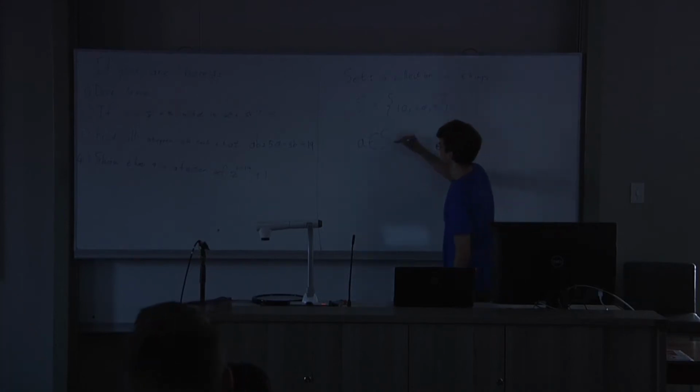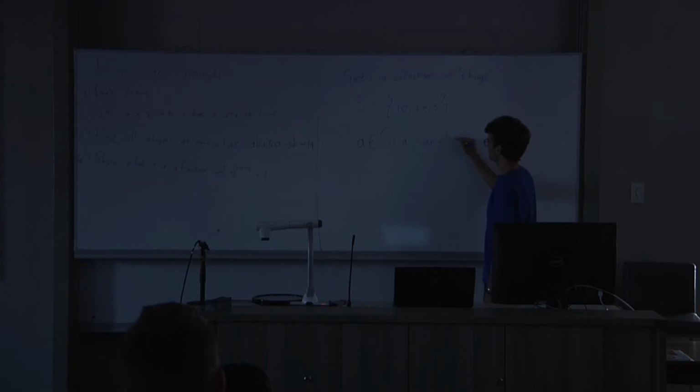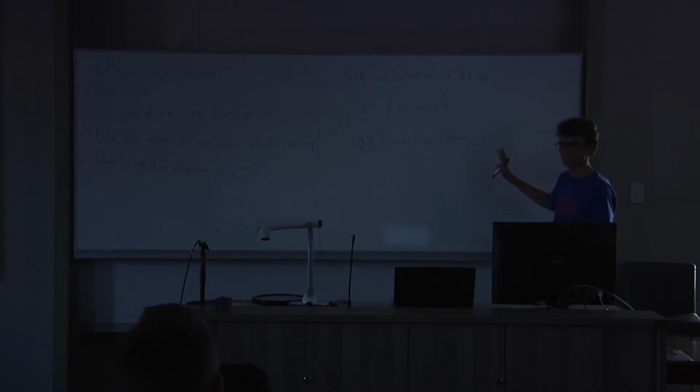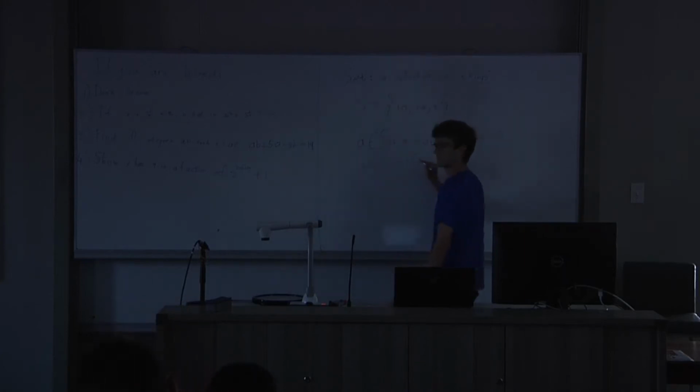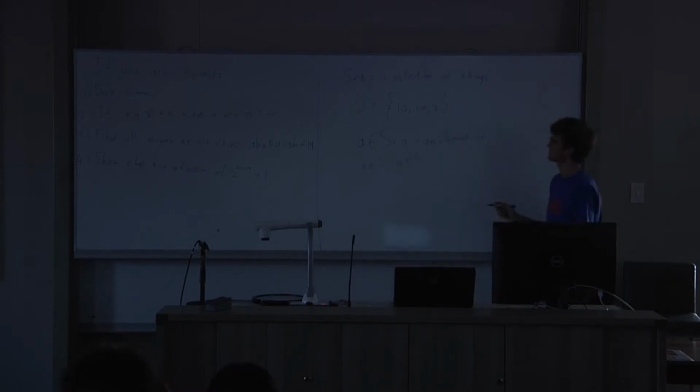Yeah. So this is, say A is an element of S, which means that A is just something that is inside of S. So in this case, 3 is an element of S, 10 is an element of S, and so is 20. But for instance, 7 is not an element of S.